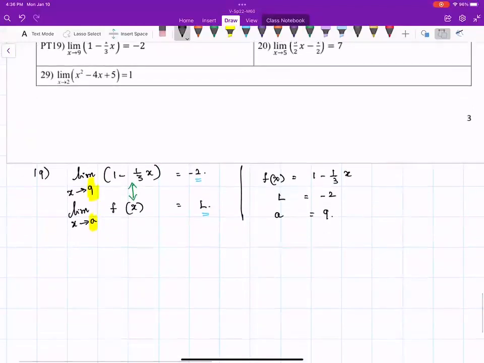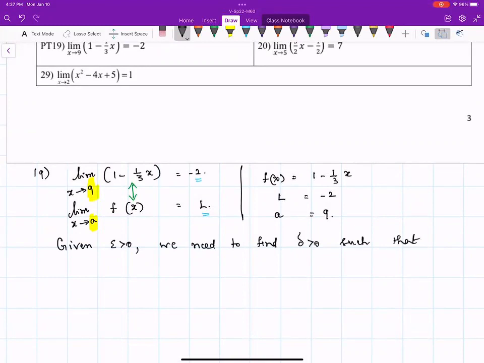So the precise definition says that given epsilon positive, we need to find a delta positive such that if 0 less than absolute x minus 9 is less than delta, then absolute f of x minus L, where L is -2, will be automatically less than epsilon, correct?